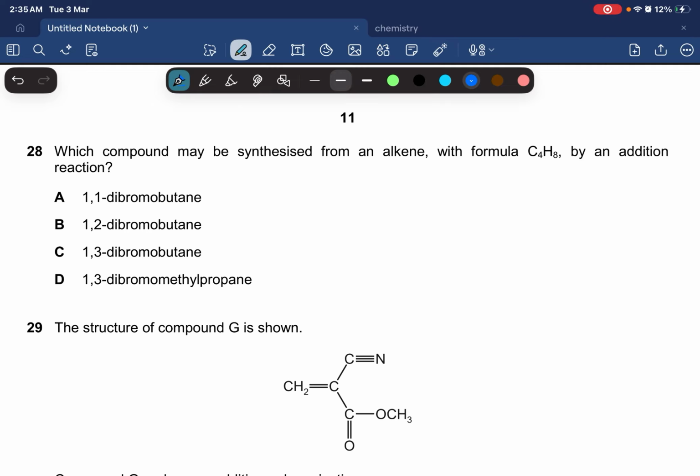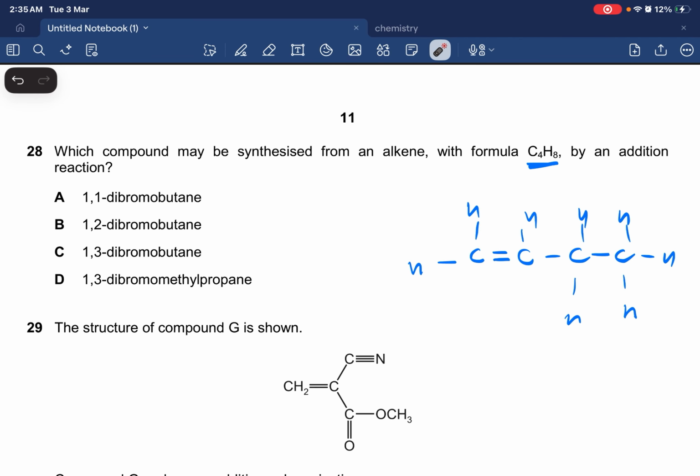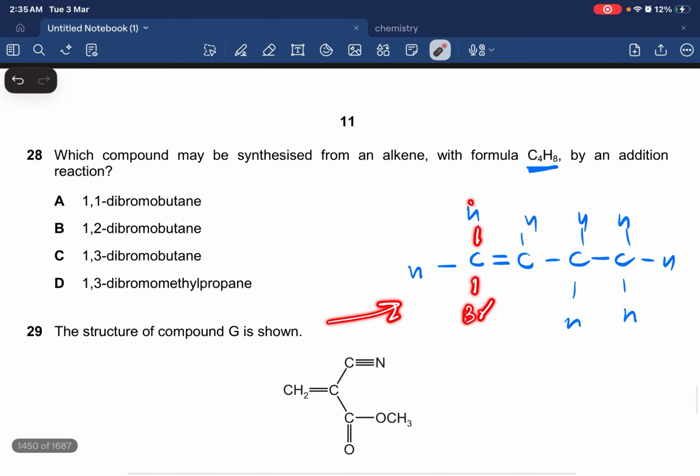Which compound may be synthesized from an alkene? The alkene is C4H8 and we have to do addition on it. So it's something like this maybe. C4H8. And now we have to see whether we can do addition on it. 1,1-dibromobutane. So if I add bromine to it, 1 bromine here, 1 bromine here, that's 1,1-dibromobutane.